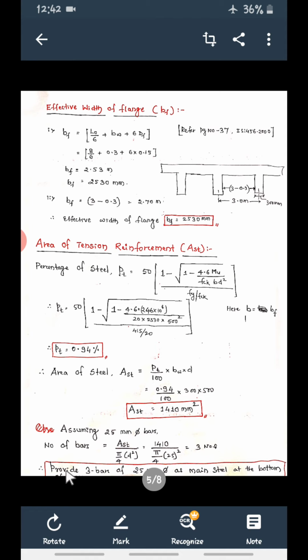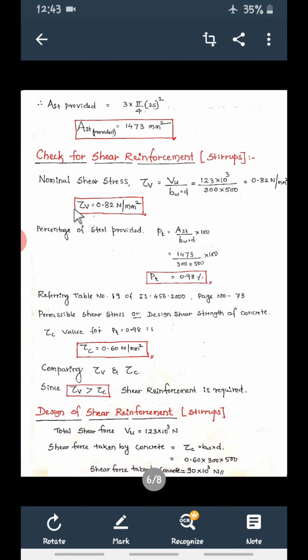Therefore provide 3 bars of 25 mm diameter as main steel at the bottom of the beam.